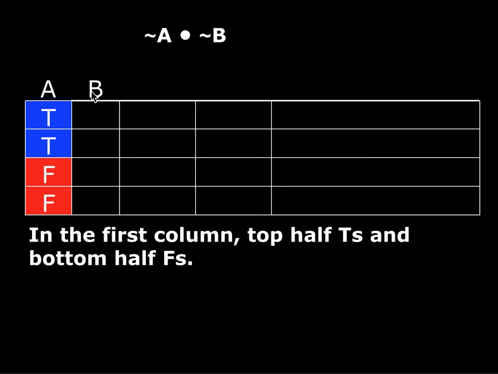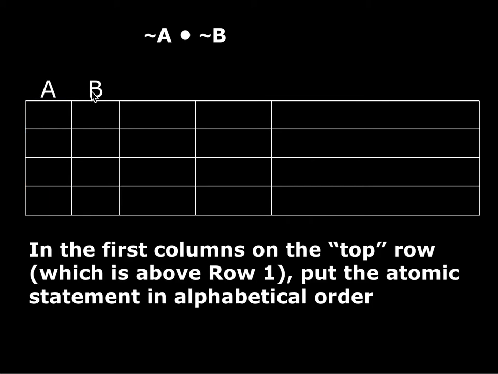Then we want to fill out the columns. The column underneath a statement is that statement's truth column. So this is A's truth column, and this is B's truth column.